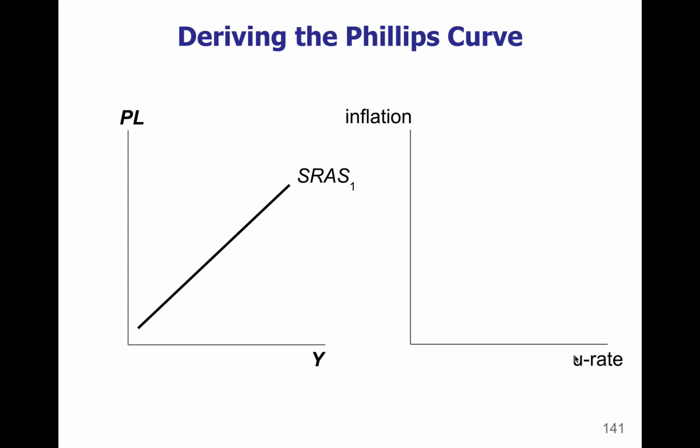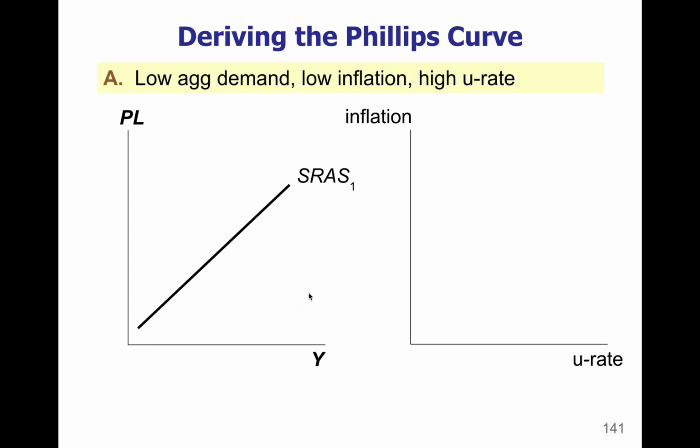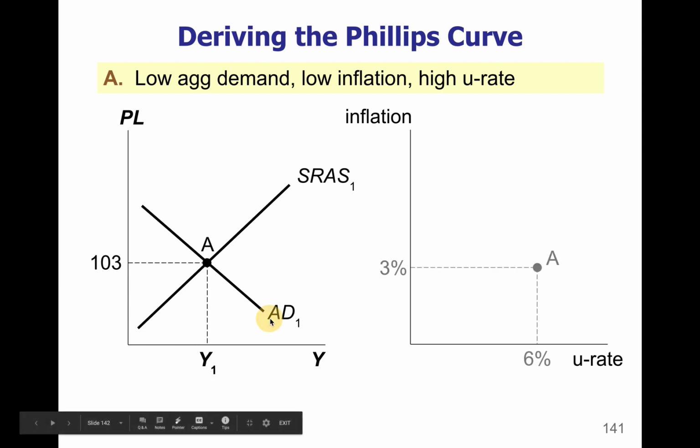So we have flipped it to get the opposite of what the horizontal axis is on our aggregate supply and demand graph. If we have our short-run supply line, and let's put in an aggregate demand line here, and let's say that at this level, price level or CPI went up to 103, which means it's 3% above the base year, and we're at a real GDP of Y1.